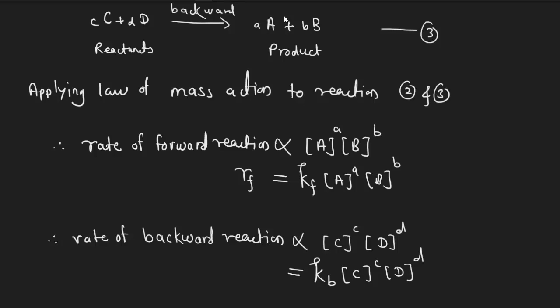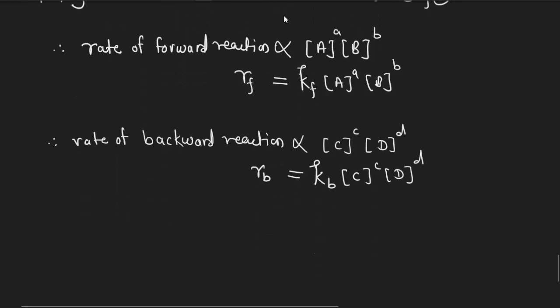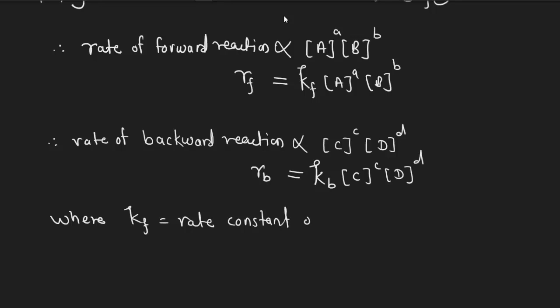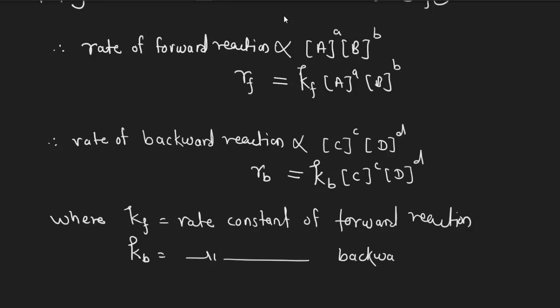Removing the proportionality sign, we get a constant, and this is Kb. Kb stands for the rate constant for the backward reaction, times C raised to c and D raised to d. And this we write as Rb. So let us write the meaning of each term: Kf is the rate constant of the forward reaction, and small kb is the rate constant of the backward or reverse reaction.